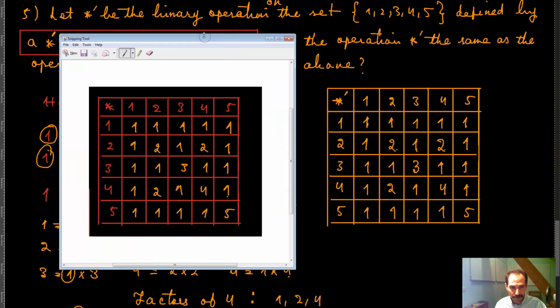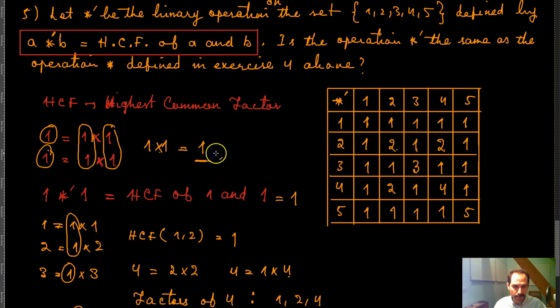And if you compare these two tables, this is star prime, and you get the same outputs or images for these two, basically for the two different cases.